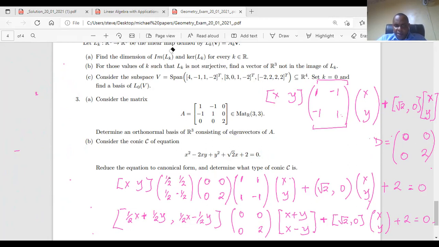Okay, can we factor out a half from the first thing? Yes. It's going to be a half x plus y comma x minus y, right? Yes.